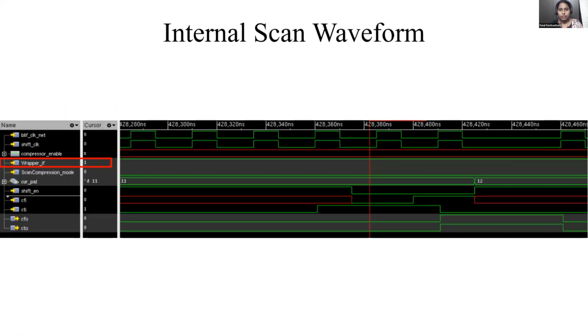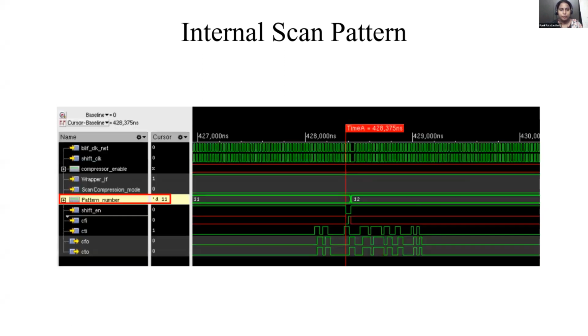These are the waveforms seen in the tool after invoking it. Here wrapper if refers to internal scan mode, so wrapper if mode is enabled. You can see that at a time only one test mode simulation technique can be enabled. Here it is internal scan, so scan compression mode is 0. The compressor and decompressor are transparent here, and it will just check a single chain of 1425 cells for the design.